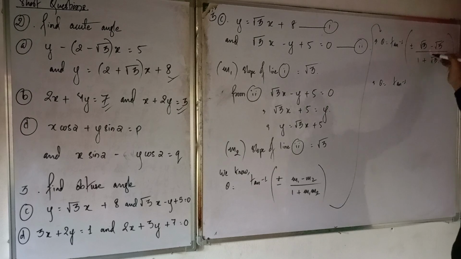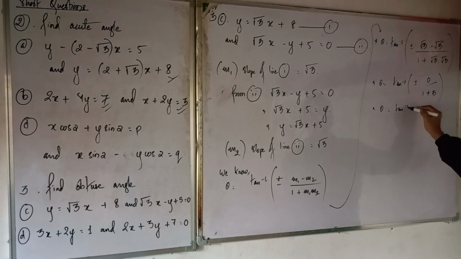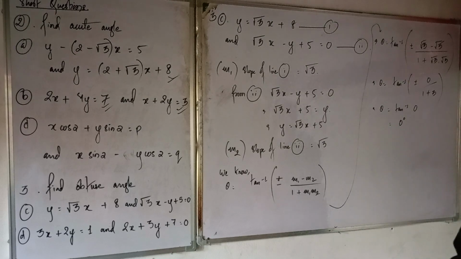The upper part will be 0, so 0 by 1 plus 3. 0 by something is 0, and tan inverse 0 is 0 degrees, which is the answer. So in the textbook the answer is wrong there, so you can rectify it and change that answer to 0 degrees.